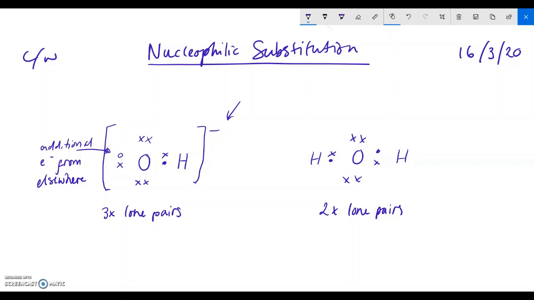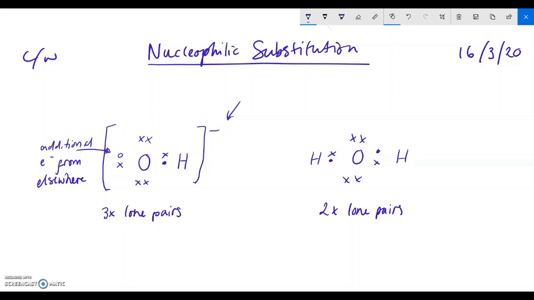If you remember from electron pair repulsion theory, lone pairs of electrons, because they're only pulled towards one atom, are more electron dense and therefore more repulsive than bond pairs of electrons. So around the hydroxide, there is a higher degree of repulsion than around the water molecule. And this higher degree of repulsion means that the lone pairs on the hydroxide are higher in energy than the lone pairs of the water molecule.